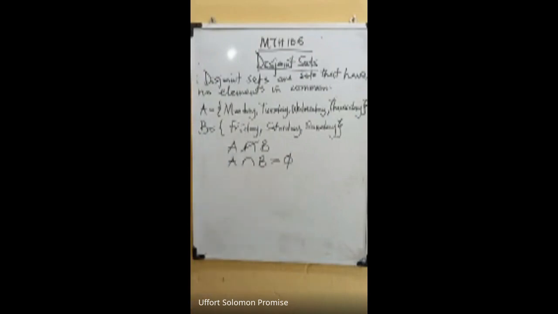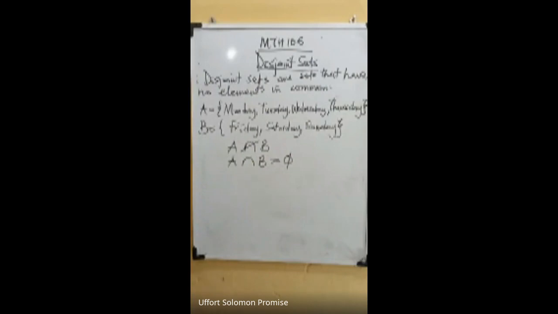So you can actually represent a disjoint set in this format. Because if you look at A, the intersection of A and B, nothing is there. There is no intersection between set A and set B because they don't have repeated elements among the members of the sets. So this is how you can denote it.